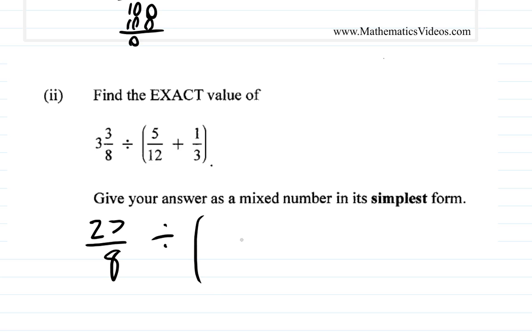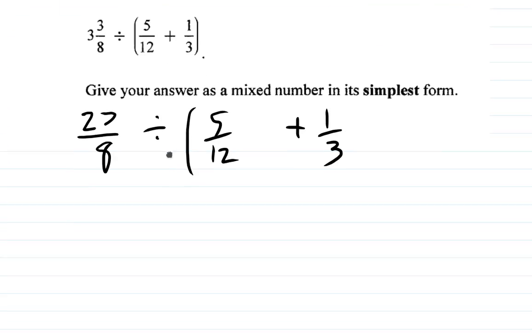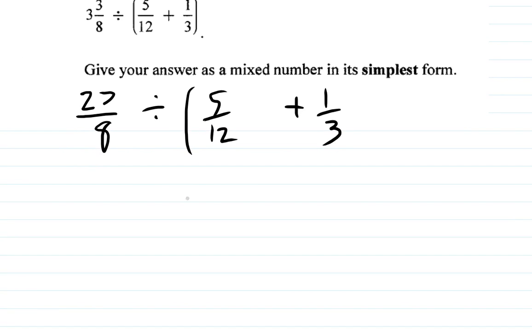You have to do what is in the bracket first. So you have 5/12 plus 1/3. Remember now, you could draw the line and find the LCM. But let's use common denominators. You have 5/12 plus, you want something over 12.